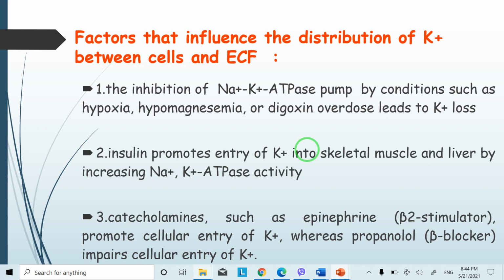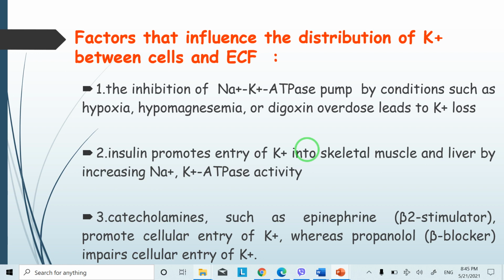The second thing that favors is the insulin. It will enhance the entry of potassium into the cell, mainly of the skeletal muscle and the liver, by increasing the activity of the sodium-potassium ATPase.